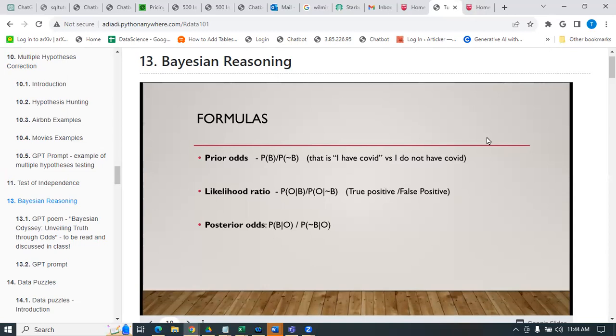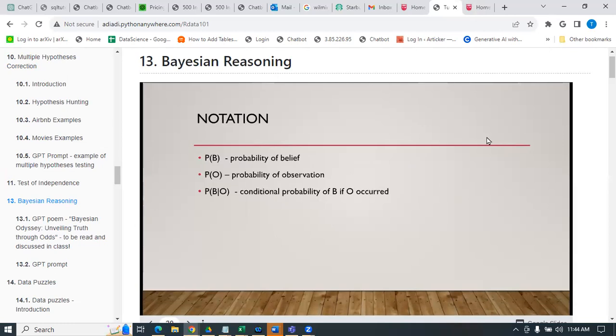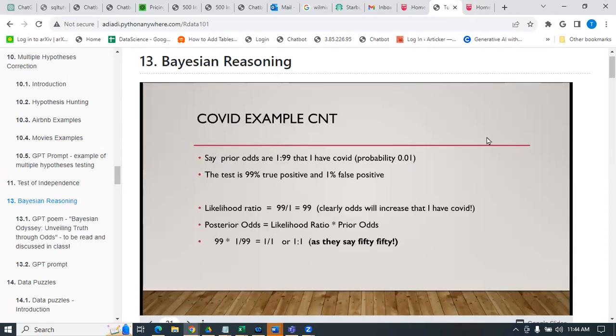So that's kind of the posterior probabilities when we know the observation, when we know the test. So these are the notations. And this is the COVID example continued. And as I said before, it's 99 times 1 over 99, 1 to 1.